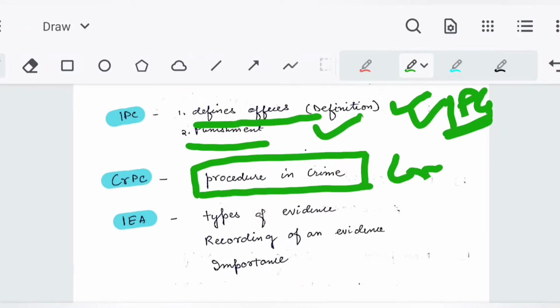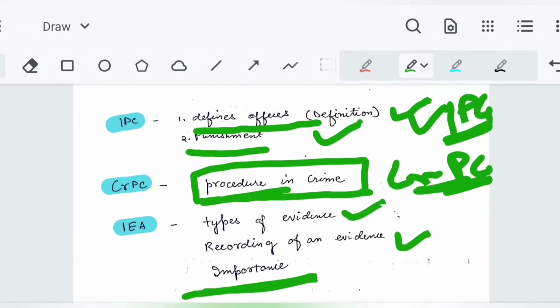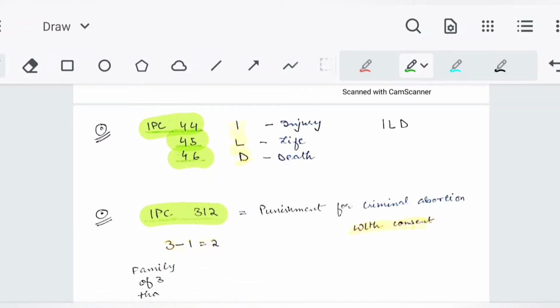And IEA, the Indian Evidence Act, deals with types of evidence, recording of evidence and the importance of taking the evidence.